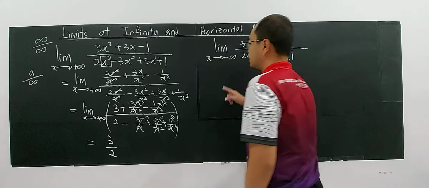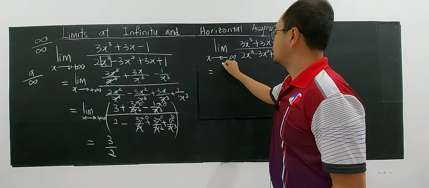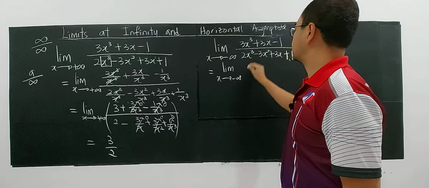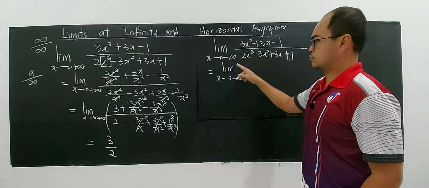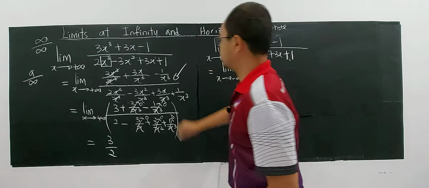Same thing for this one, negative infinity is still the case of infinity over infinity. So you divide everything by x cubed. You repeat the same step here.